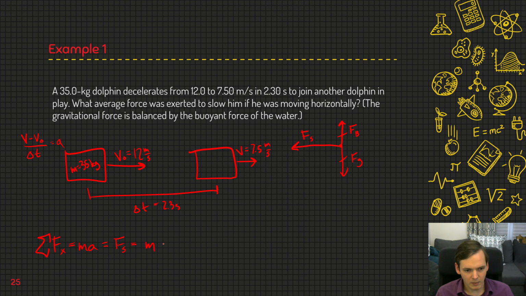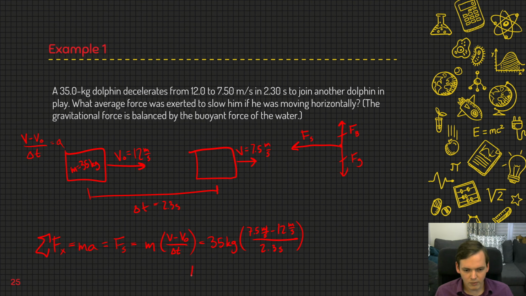So that should be m times v minus v naught over delta t, which will equal 35 kilograms times 7.5 meters per second minus 12 meters per second over 2.3 seconds. 7.5 minus 12 is going to give us negative 4.5 divided by 2.3. 2.3 times 2 would be 4.6, so this is right around 2.